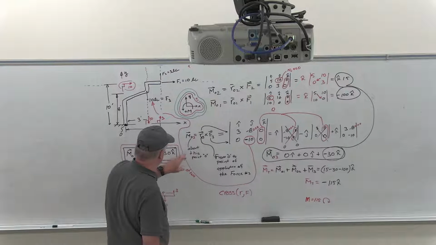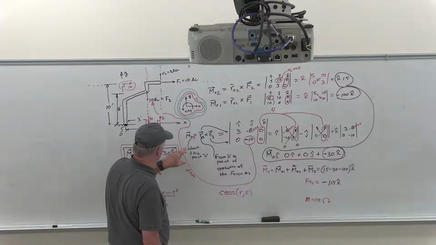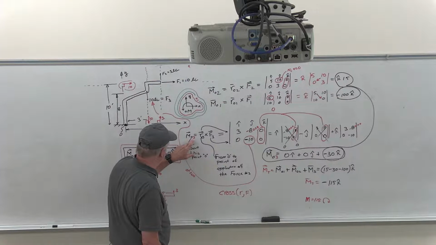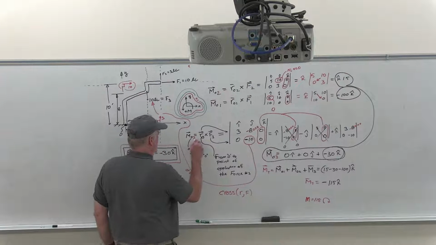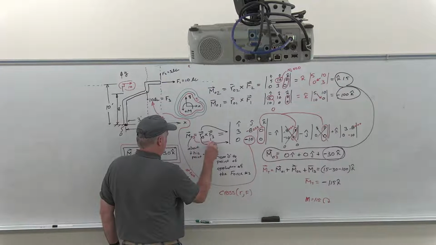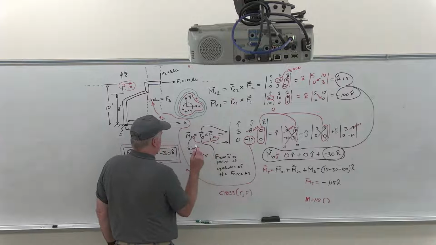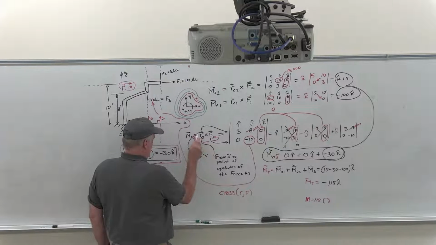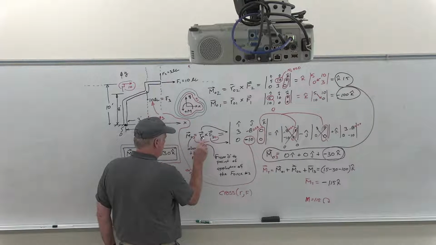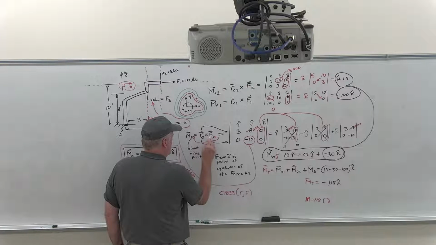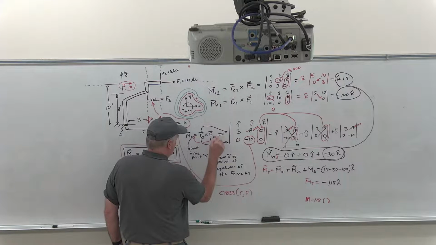The key is, you want to know the moment about a point from a particular load, and then you draw a vector from that O spot to the application of the load, and then you figure out what that load value is.